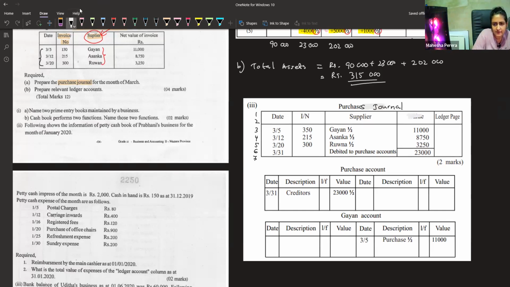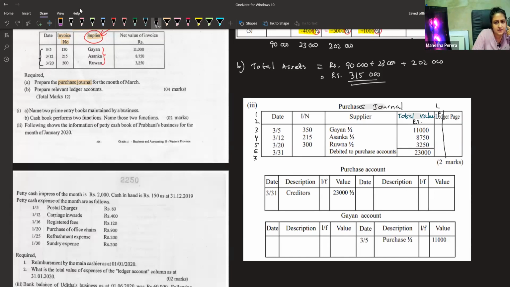Write total value and also don't forget to mention rupees. Write total value and below write rupees, in terms of rupees. And when drawing the ledger page, you don't need to draw it this thick. Since no data is given for it, it is fine to draw it thin like this. And even if you write LP for it, no issue.